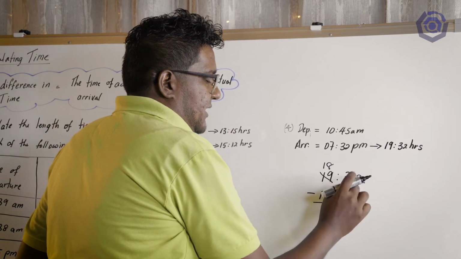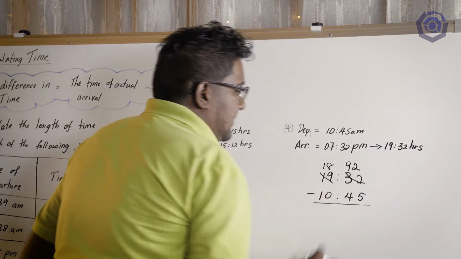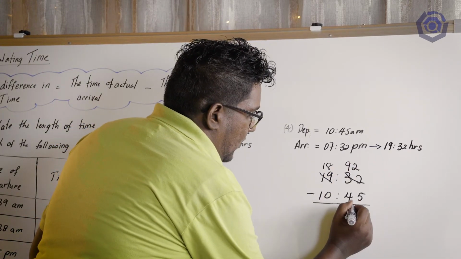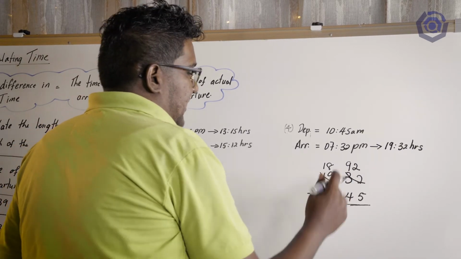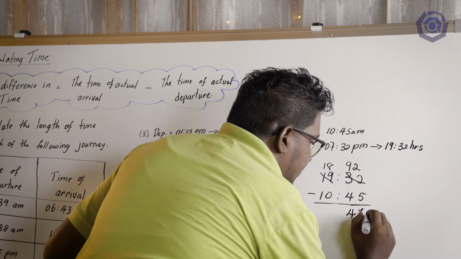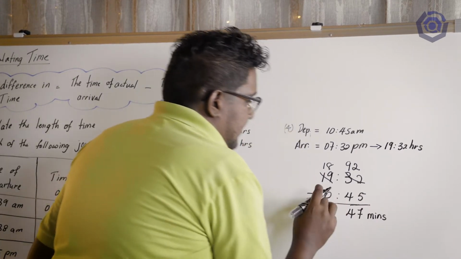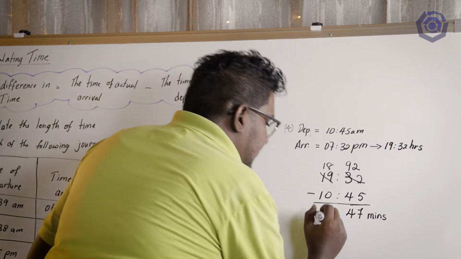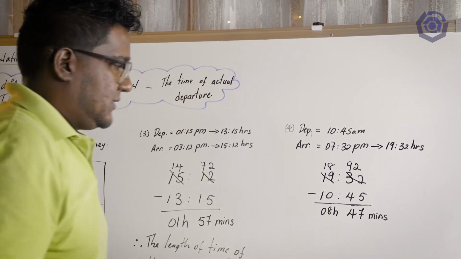We take 60 minutes plus 32 is going to give me 92 minutes. 45 from 92 is going to give me 47 minutes, and 10 from 18 is going to give me 8 hours.